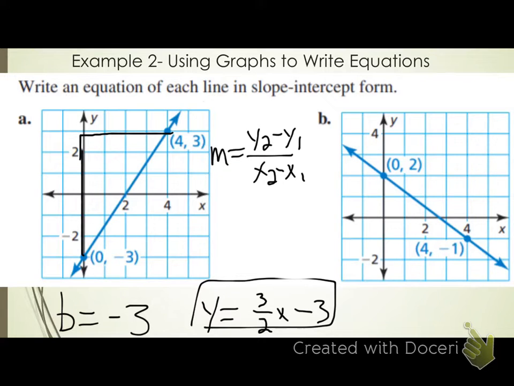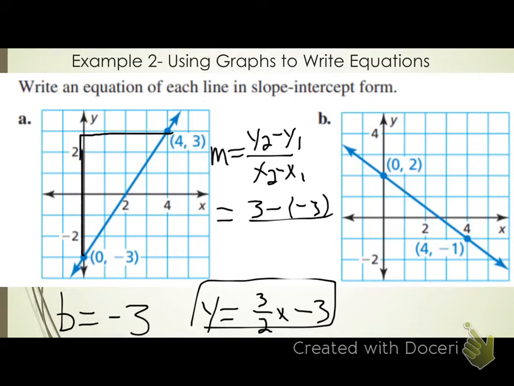This is another way I can find my slope, using the slope formula. So what's my second y value? What's one of my y values? 3. Bring your minus sign down. What's my other y value? Negative 3.